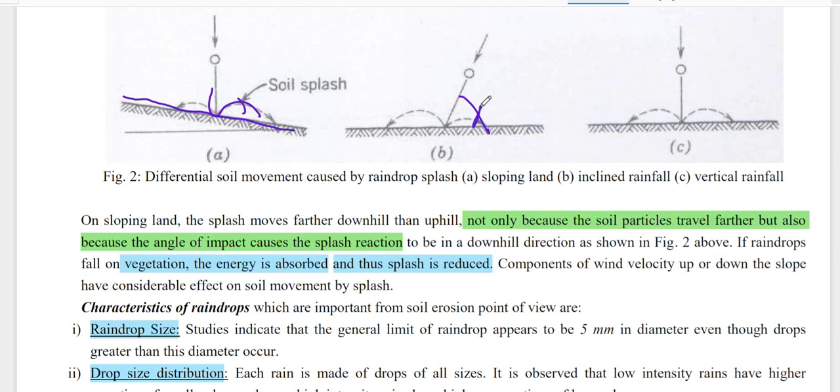If wind is there, then the angle of impact will be like this, then it will go like this. With a lesser angle of impact, the opposite side will have more erosion.